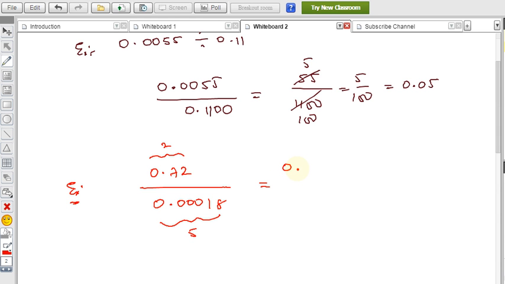So 0.72 and 0.00018. There are 5 digits here, so you can keep 1, 2, 3 extra zeros. Now this is 0.72000 and 0.00018. Now both have the same number of digits.